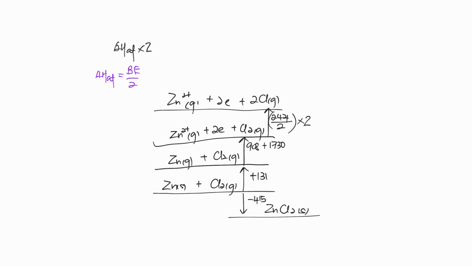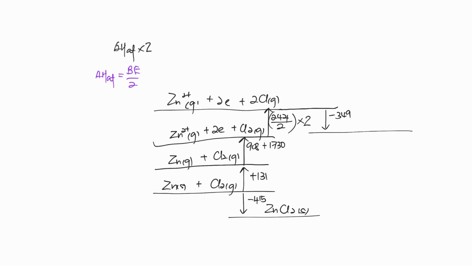Done with atomization of chlorine, the next arrow has to point down because it is the first electron affinity of chlorine, which is an exothermic reaction, and the value given here is -349.